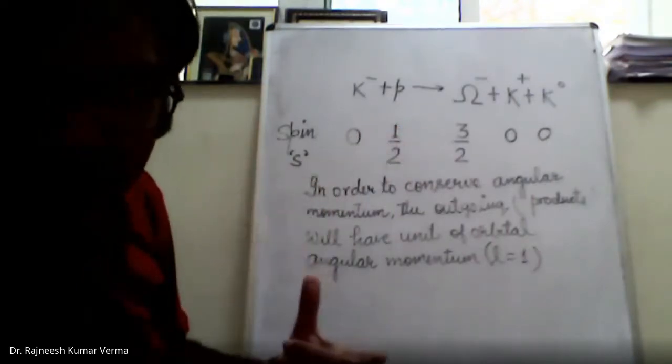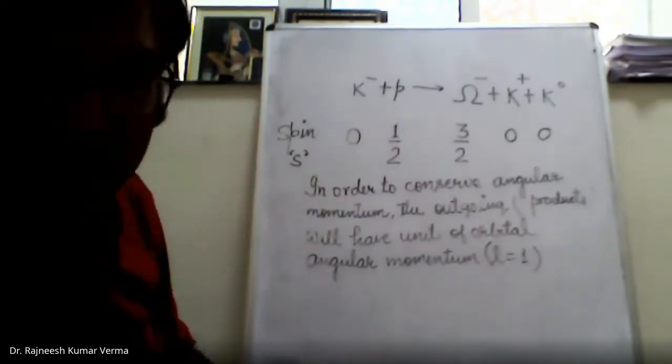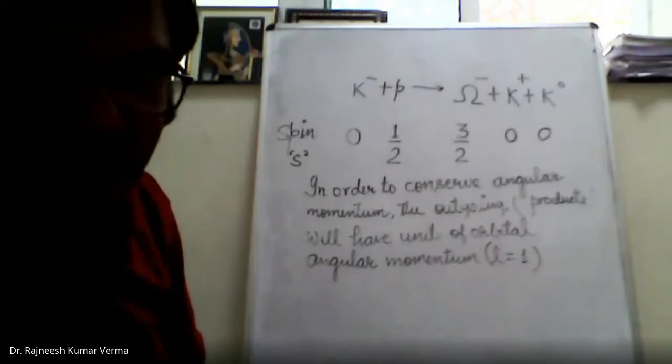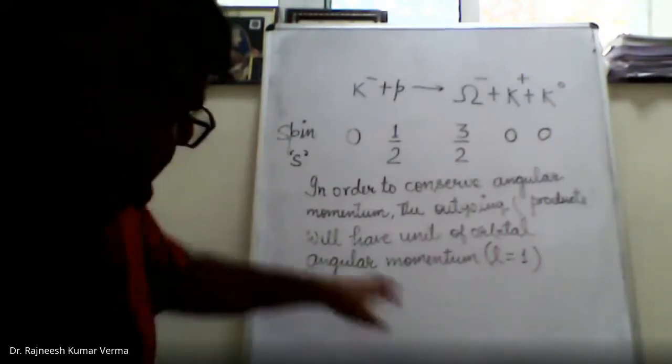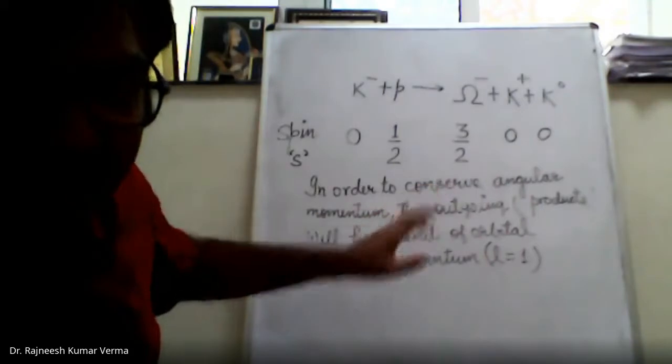So in order to conserve the angular momentum, what we require is an additional orbital angular momentum of 1 unit. So L is equal to 1 in this case.